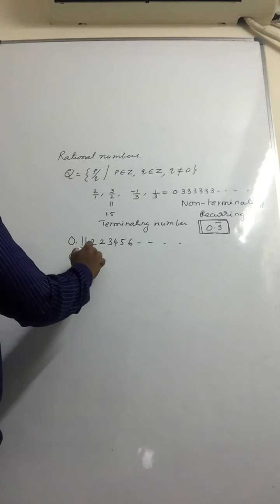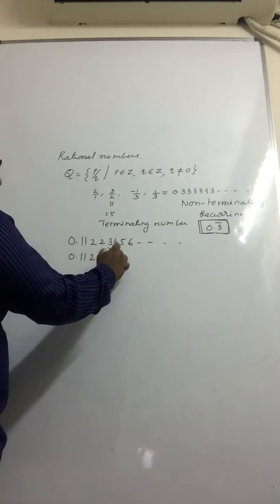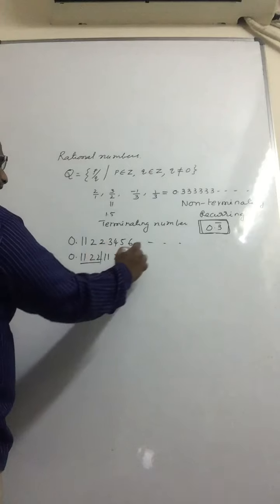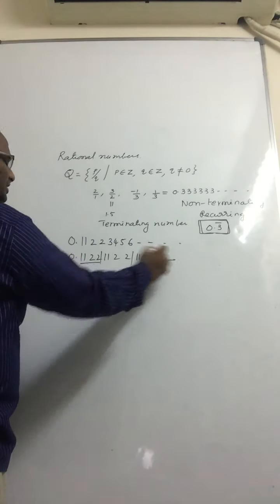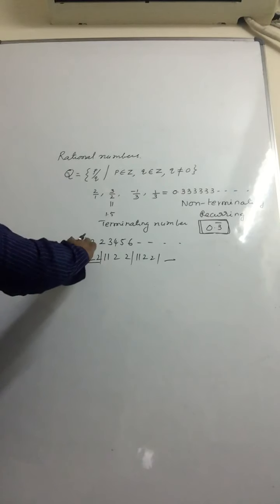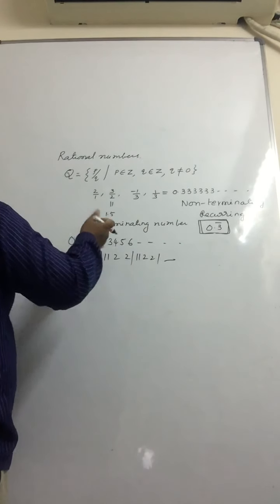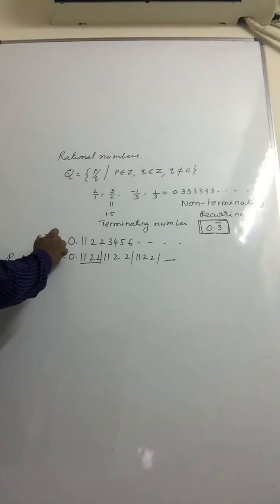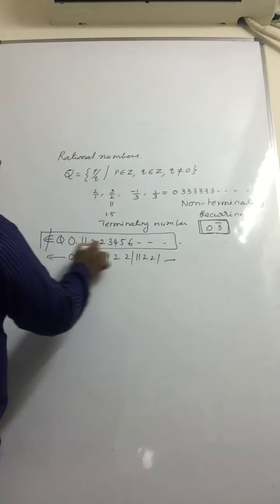Like if you consider 1122, 1122, after 4 digits the same numbers are repeated, so this is again a rational number. Here we are not observing repetition at any stage. That is why this is not a rational. This particular one is not a rational.